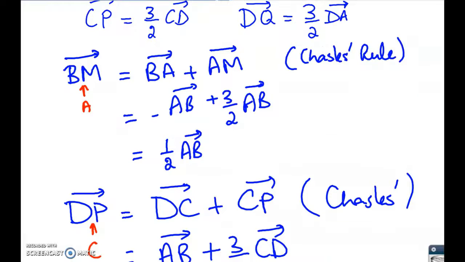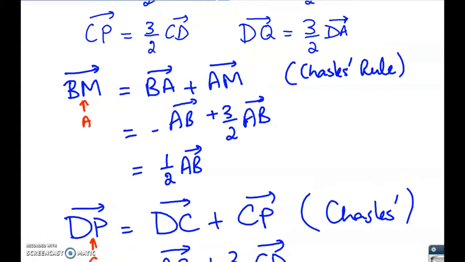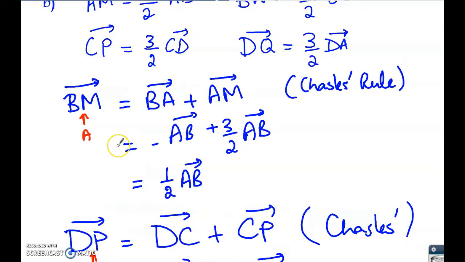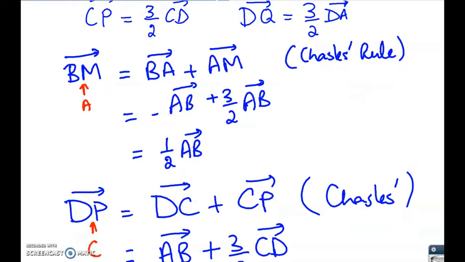Our question is to find MN in terms of AB and BC. Since I want to find MN, and I have BM in terms of AB from the previous part, I think of inserting letter B because I have BM.